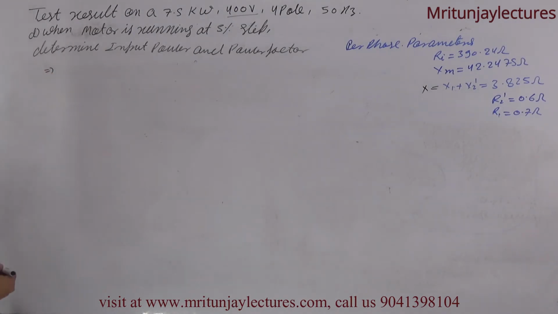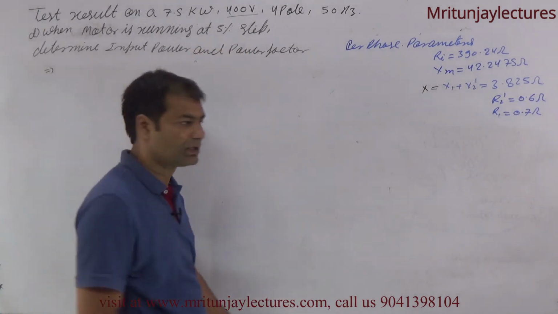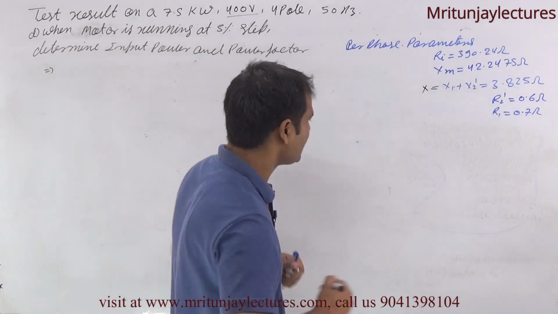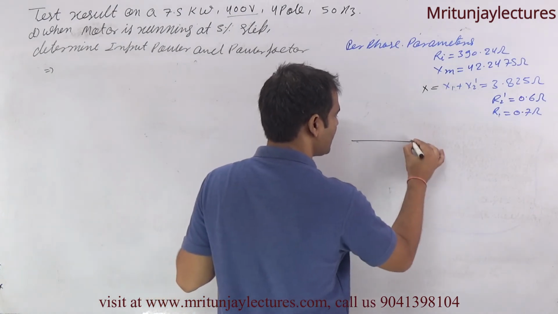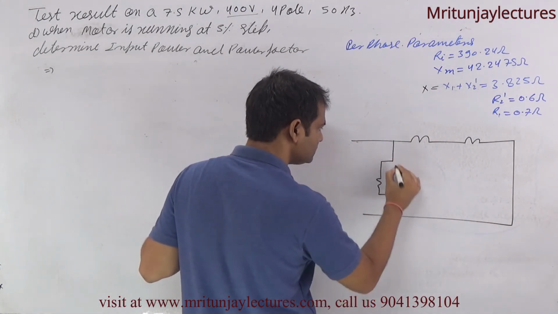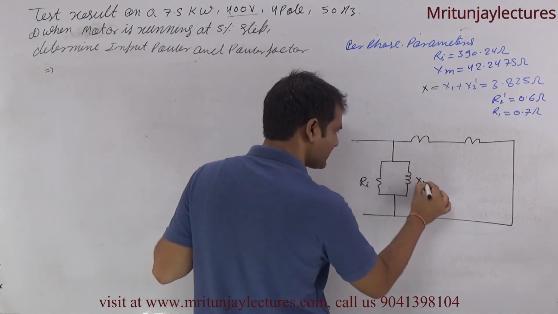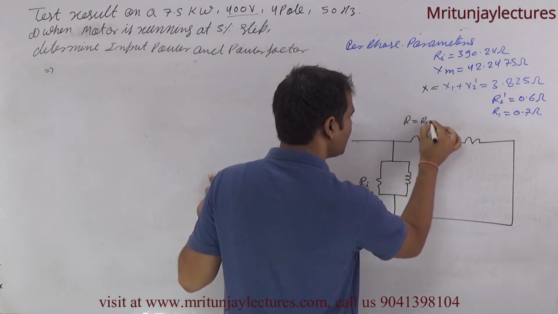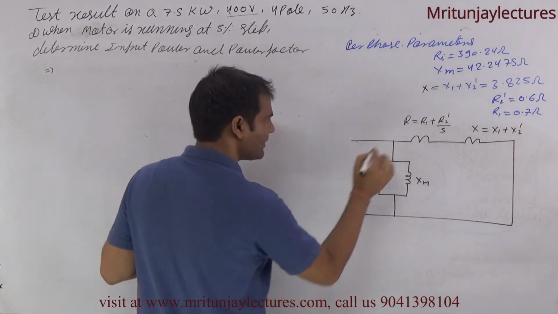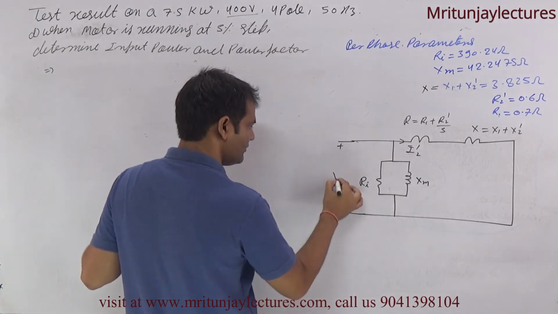Now next part: when the motor is running at a slip like this, determine input power and power factor. First of all, make the approximate equivalent circuit on the stator side of the induction motor per phase. That is Ri, Xm, and that is R1 plus R2 dash by S, and that is X1 plus X2 dash, that is I2 dash, and this one V0.